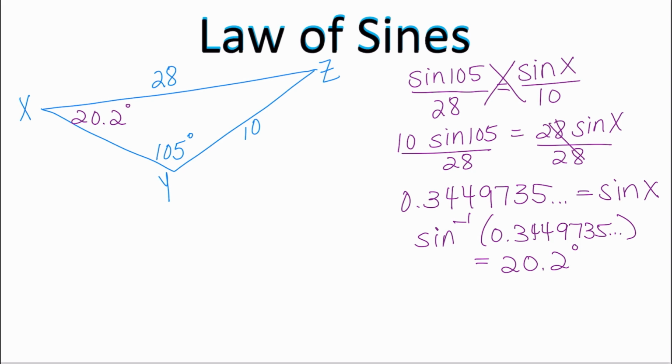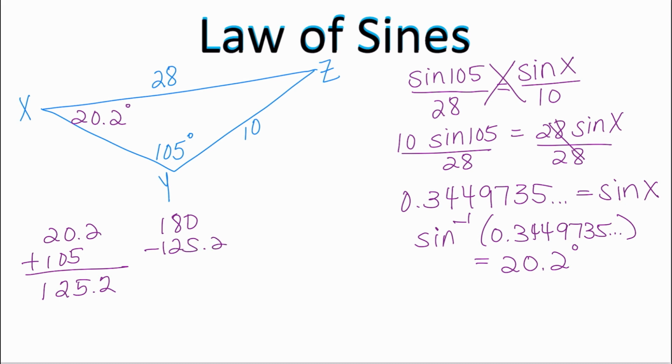Now, if you remember what I told you, the sum of the three angles in a triangle has to equal 180. So right now, if you take 20.2 and you add it to 105, you get 125.2. So 180 minus 125.2 is going to equal 54.8. So the angle that's missing, which is angle Z, is 54.8.